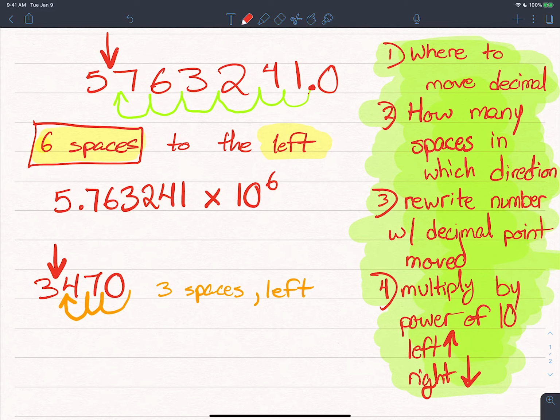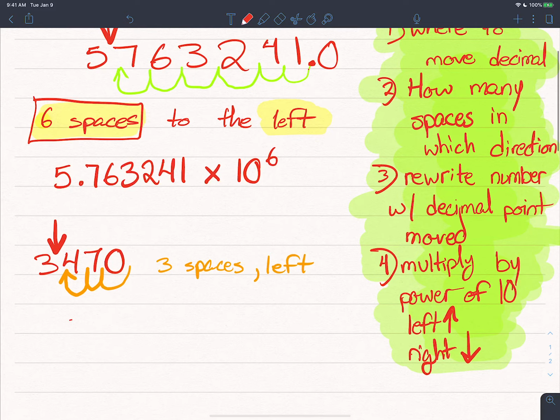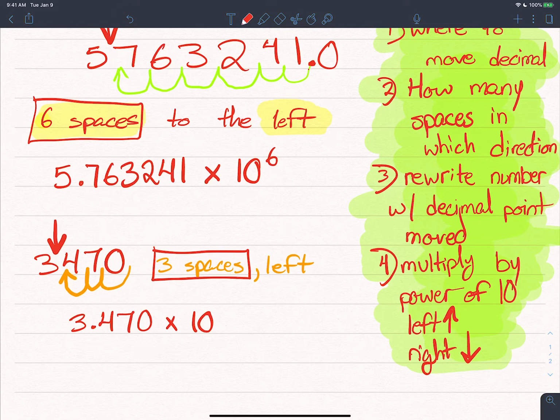Then it says rewrite the number with the decimal point moved. So we have 3.470. And then multiply by the power of 10. So times 10. And again, the number of spaces tells us how many to count.